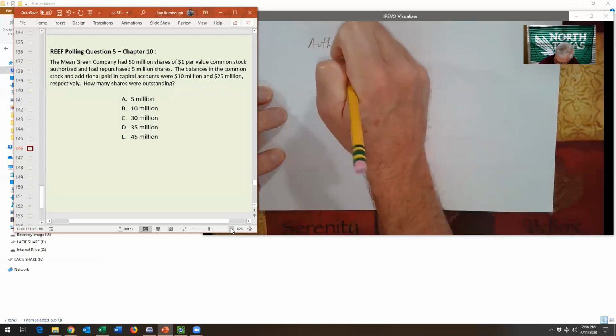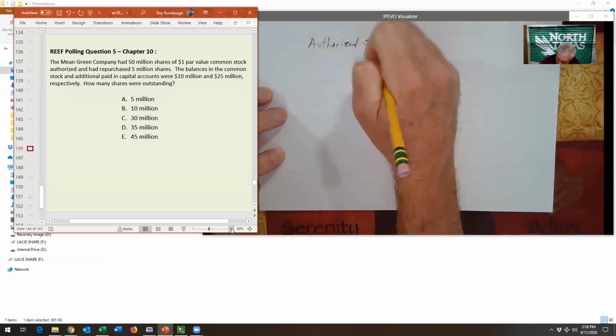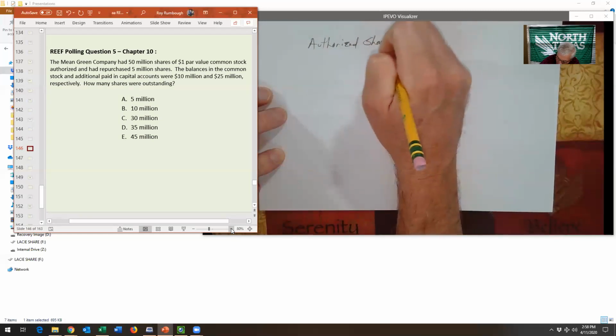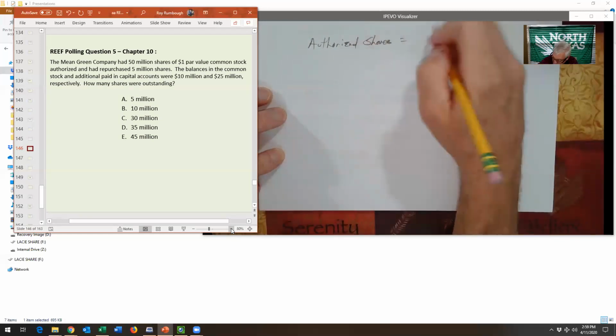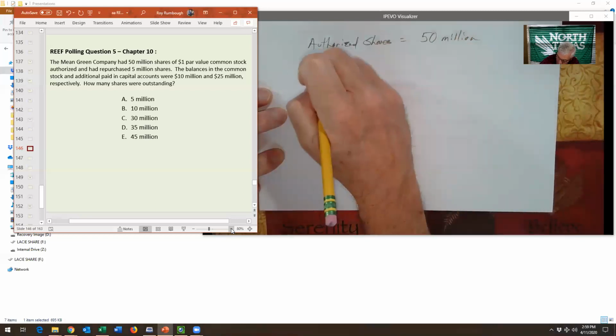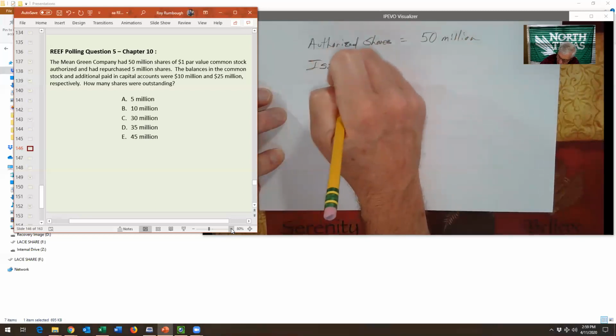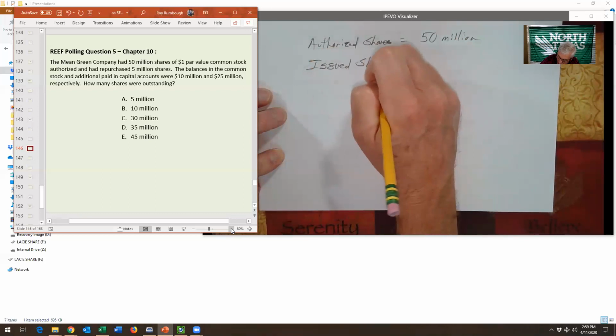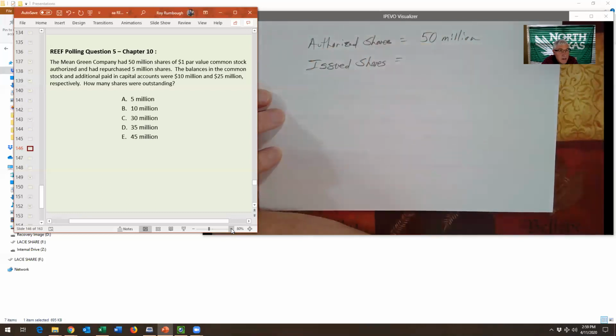Authorized shares equals 50 million. Issued shares.